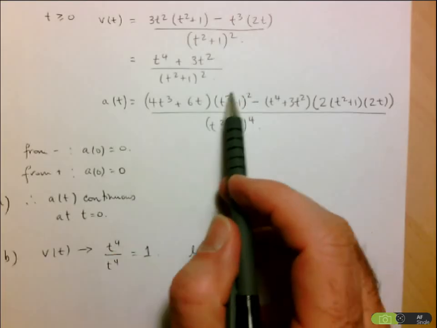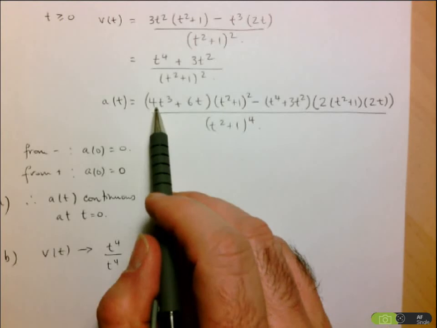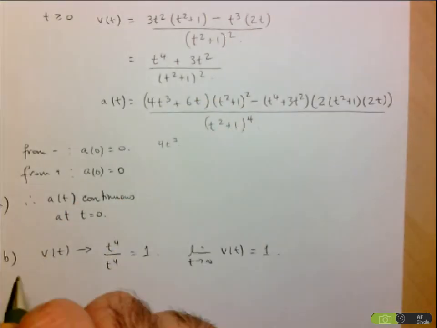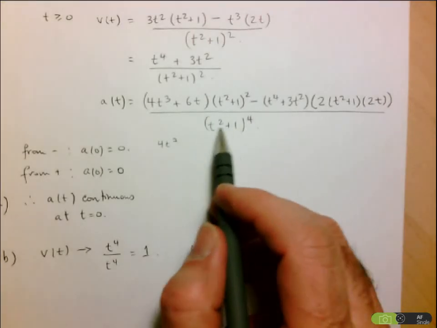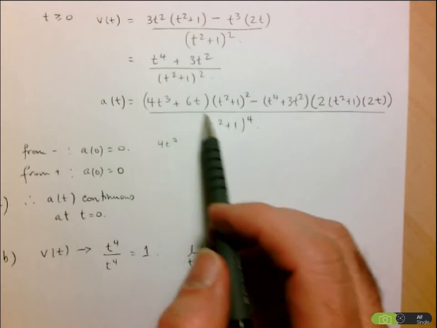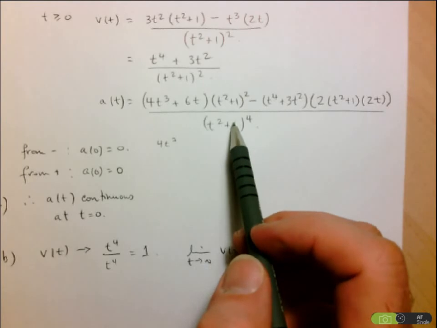So from here, I'm going to get a t to the 4th, and here I have a 4t cubed. So that's going to give me a 4t to the 7th. And so the denominator is approaching t to the 6th. So my first indication is that this might be approaching infinity, because the numerator's degree might be higher than the denominator's.